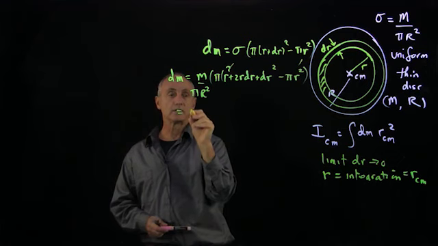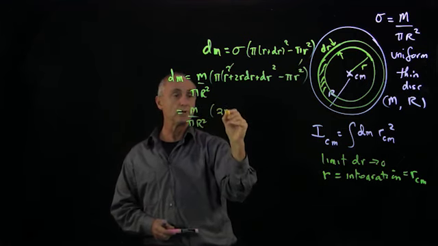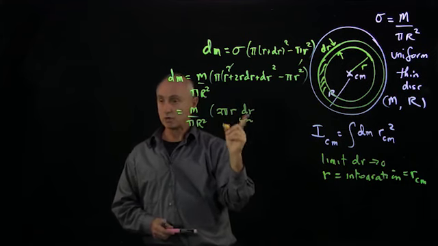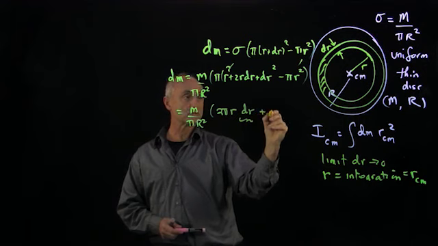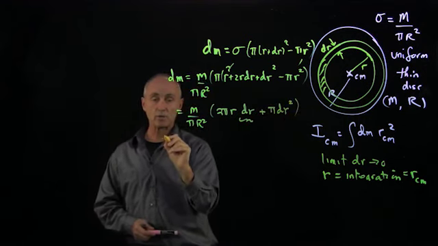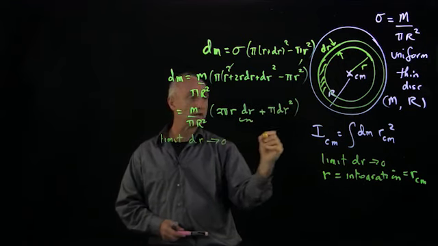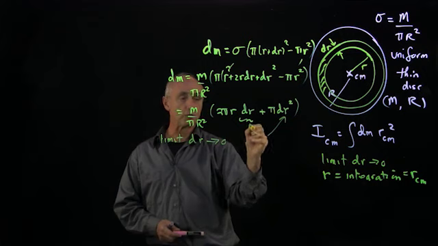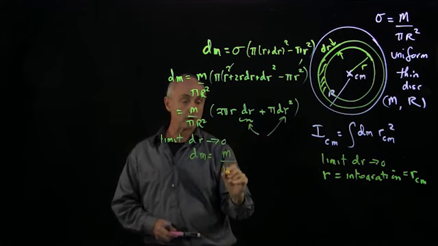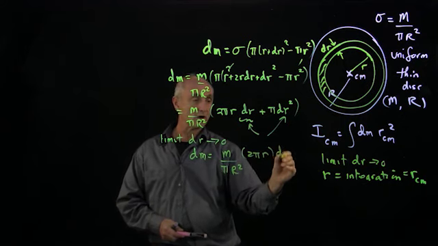And so what I get is m over pi r squared times, in here, 2 pi r dr. Now, this is only order dr, plus a second term that goes like pi dr squared. And so when I take this limit as dr goes to 0, this term is much, much smaller than that term. And so I can say my mass element is m over pi r squared times 2 pi r dr.